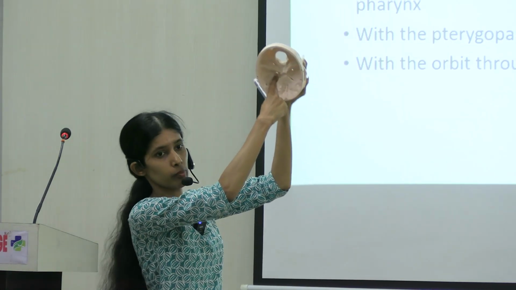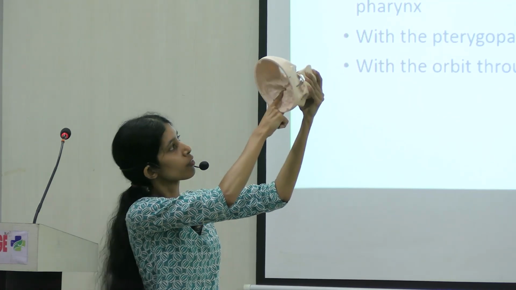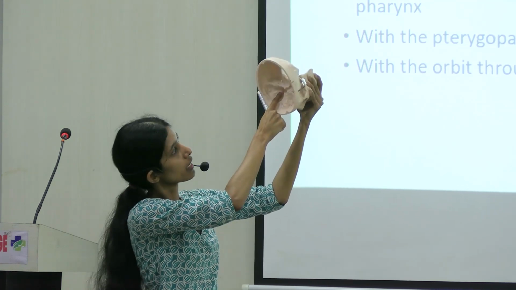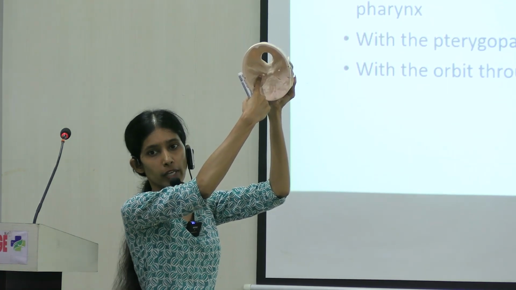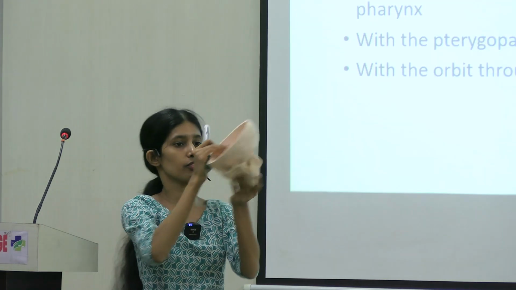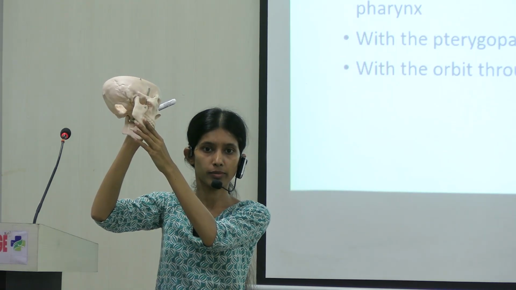The first one is bigger in size and the second one is smaller in size. The first, which is bigger, is called foramen ovale, and the second, which is smaller, is called foramen spinosum. If we put a thread from this region, we can see it coming out from your infratemporal fossa part.